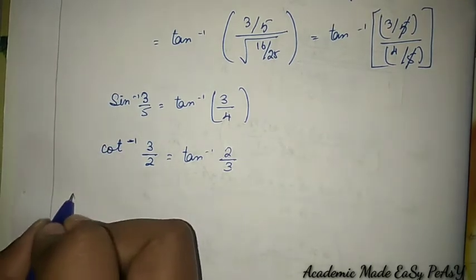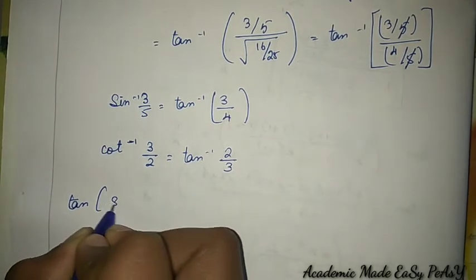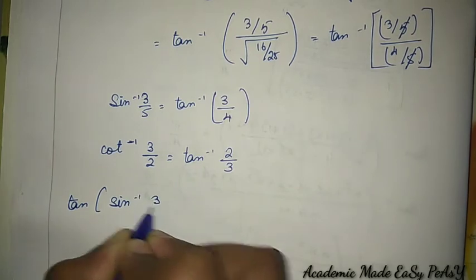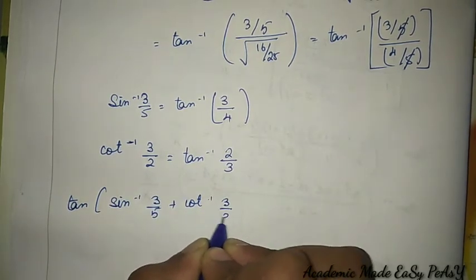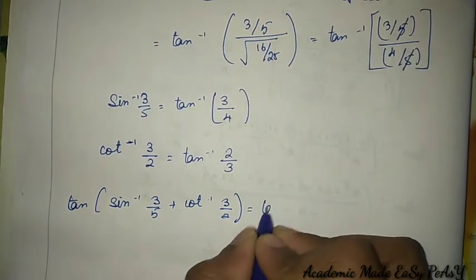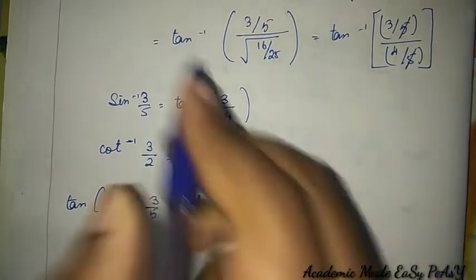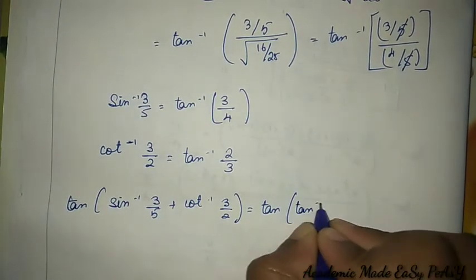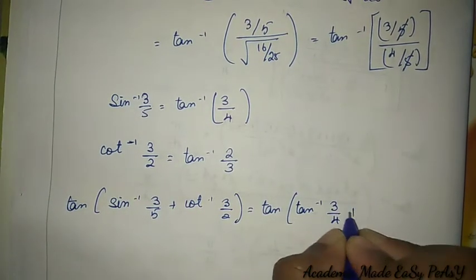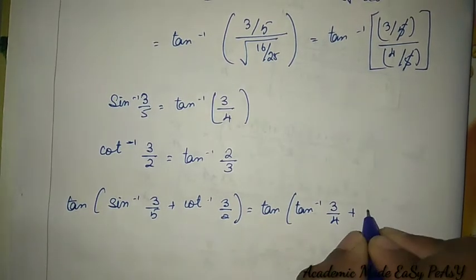Next, I will substitute. So tan of sine inverse 3 by 5 plus cot inverse 3 by 2 is equal to tan of, what is my sine inverse 3 by 5? It is tan inverse 3 by 4, plus what is cot inverse 3 by 2?